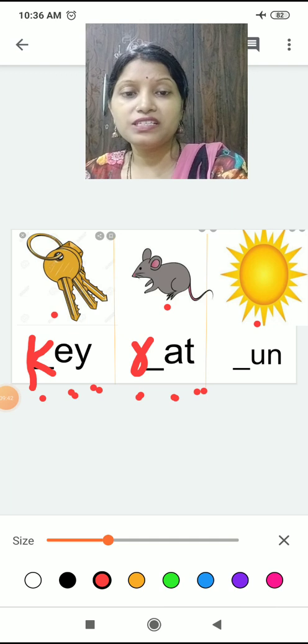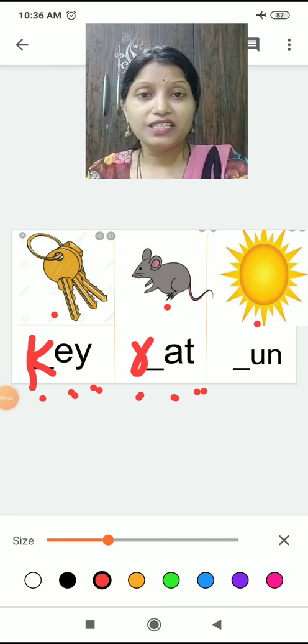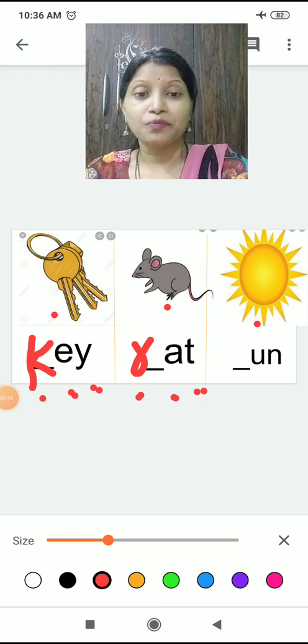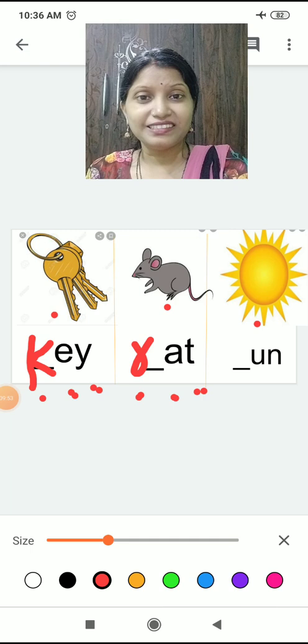Okay, now what is it, children? Yes, we see it in the sky during the day. Okay, so it is a sun. It is a sun. So which alphabet has a sound of sun? S. S is for sun.